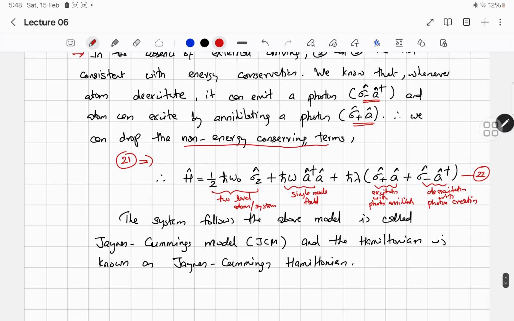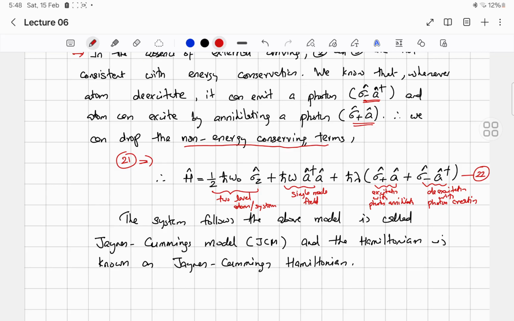The system which follows this Hamiltonian is called the Jaynes-Cummings system, and this Hamiltonian is called the Jaynes-Cummings Hamiltonian. This is the simplified model describing the atom field interaction. Why is it simplified?